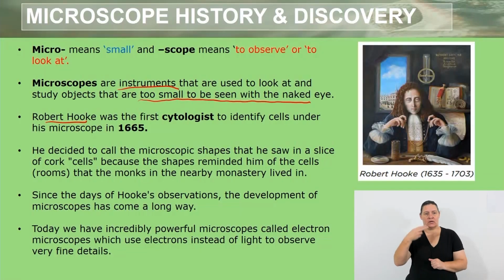So Robert Hooke, who was the first cytologist to identify cells under the microscope in the year 1665, decided to call the microscopic shapes that he saw under the slice of cork cells, because the shapes reminded him of the cells or the rooms that the monks in the nearby monastery lived in.